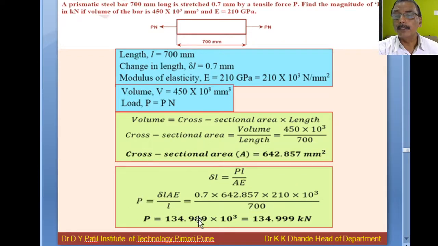After doing these calculations, you will get the answer: P is equal to 134.999 into 10 raised to 3 Newton. But the answer should be in kilonewton. To convert Newton into kilonewton, divide by 1000, which means 10 raised to 3. The 10 raised to 3 will cancel and your answer will be 134.999 kilonewton.